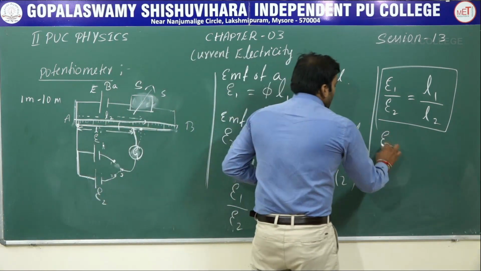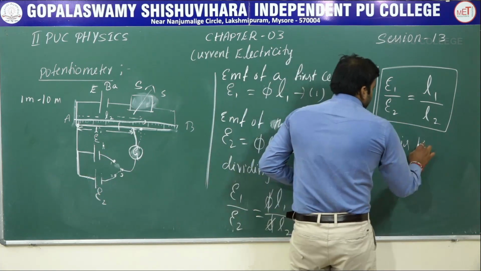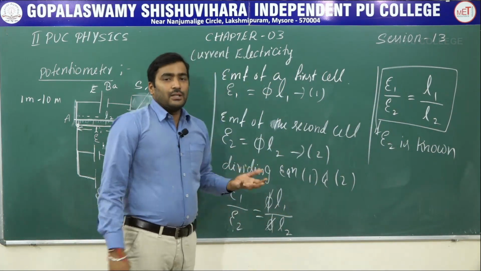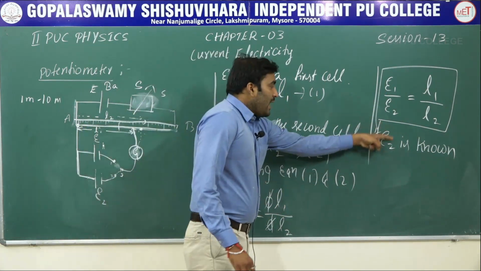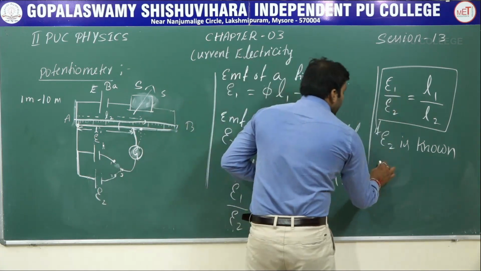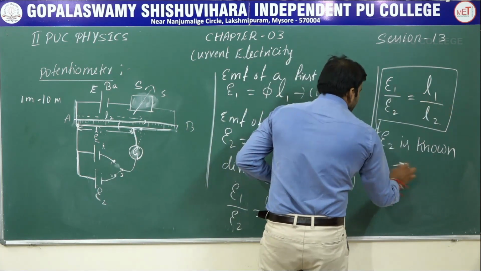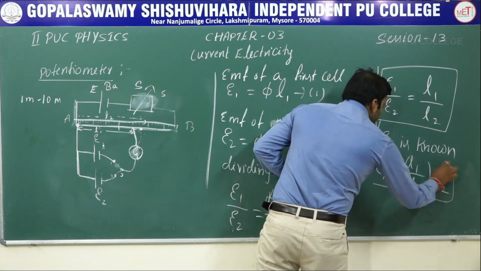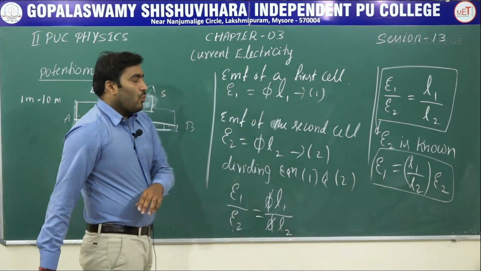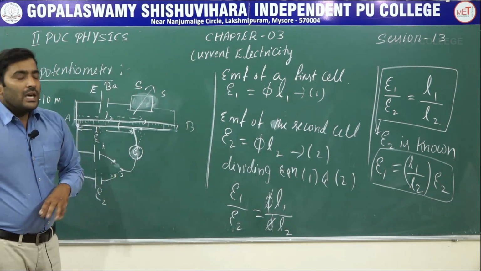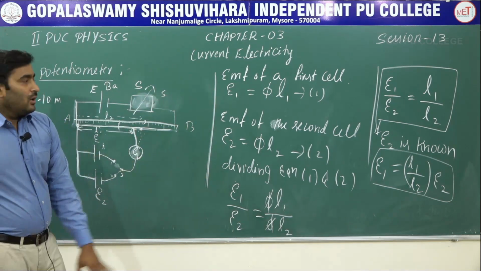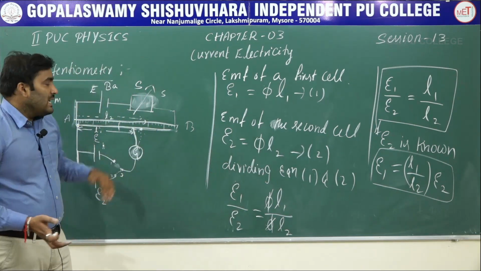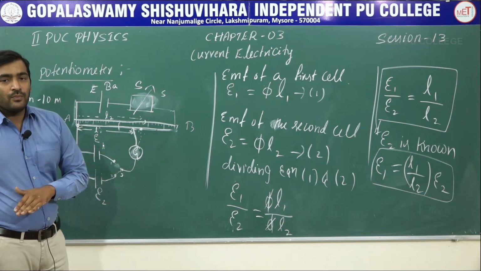If E2 is known, because we have measured the EMF of the second cell by some other method or know E2 very accurately, then we can take E2 to the right hand side, so that E1 is equal to L1 by L2 into E2. So you can find the EMF of one cell if you know the EMF of the second cell using this method. Therefore this is the procedure for comparing the EMFs of two given cells.